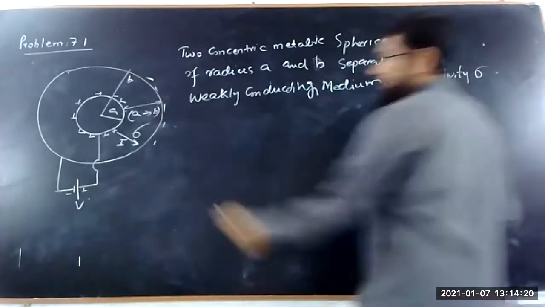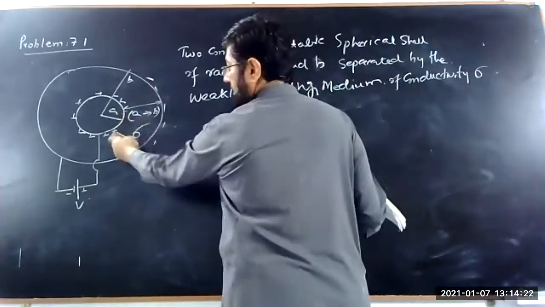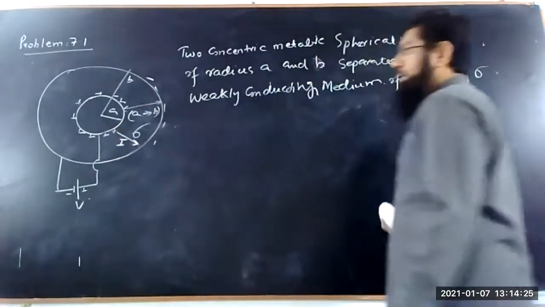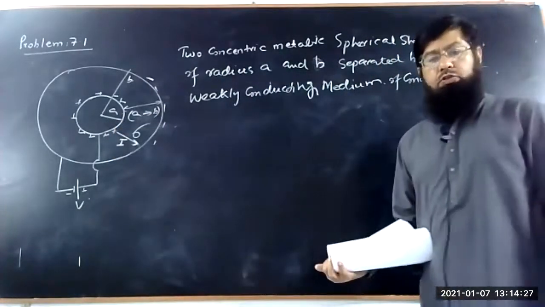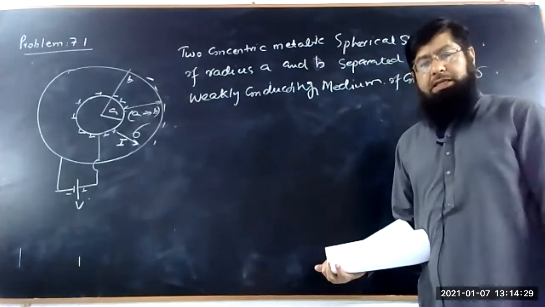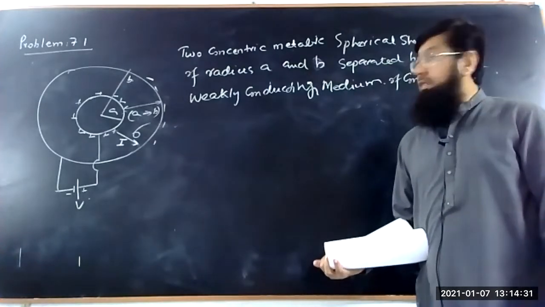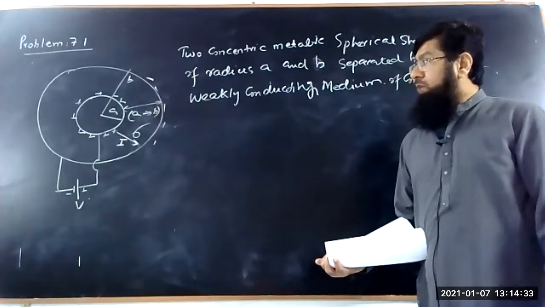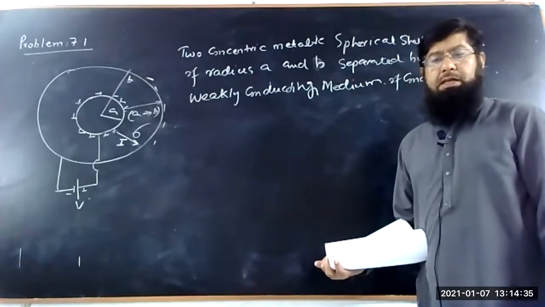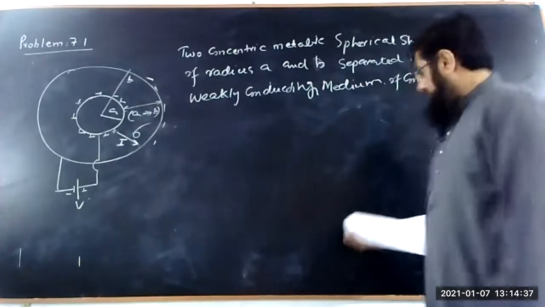It means these are separated by a medium whose conductivity is sigma. The medium between these two is a weakly conducting medium whose conductivity is sigma, so the current can flow from conductor A to conductor B.